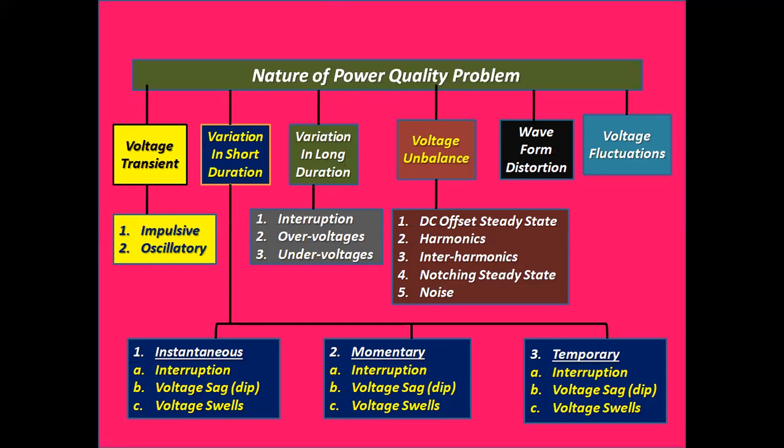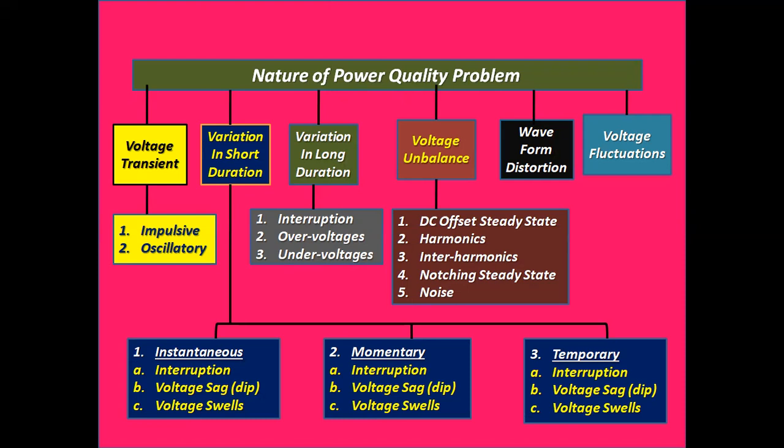The nature of power quality problem, if the variation in short duration, then there are three types of nature we have observed. One is instantaneous, two momentary, and third one is temporary.